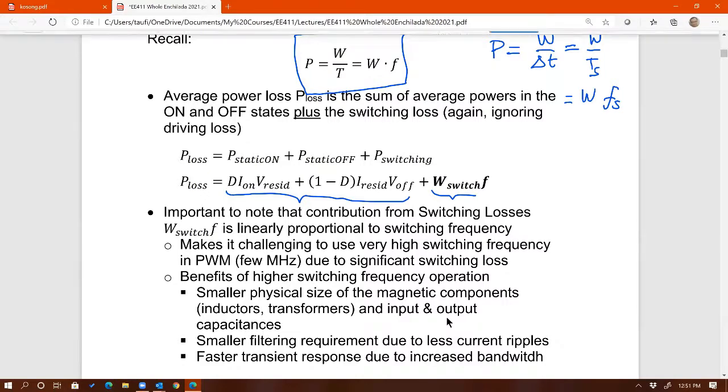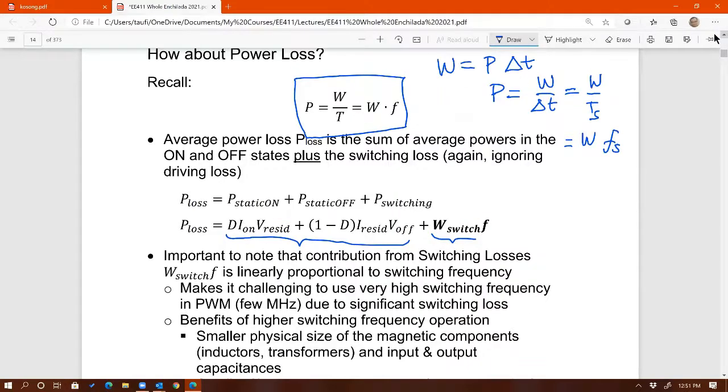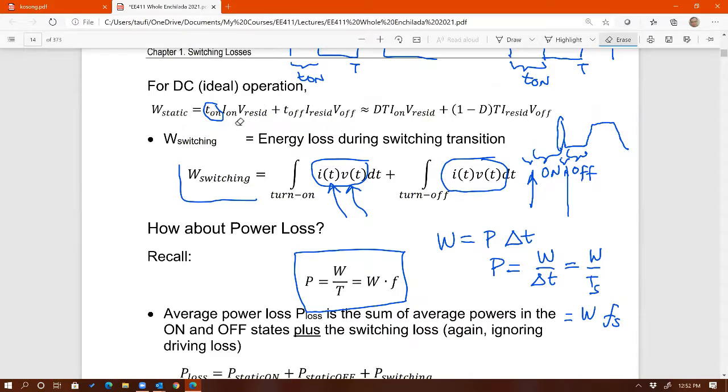Let me go back to this equation. Forgot one thing. Let me erase this so you won't get confused. Okay, look at the original equation for W static. What do you see there? You see there is a period in it, right?